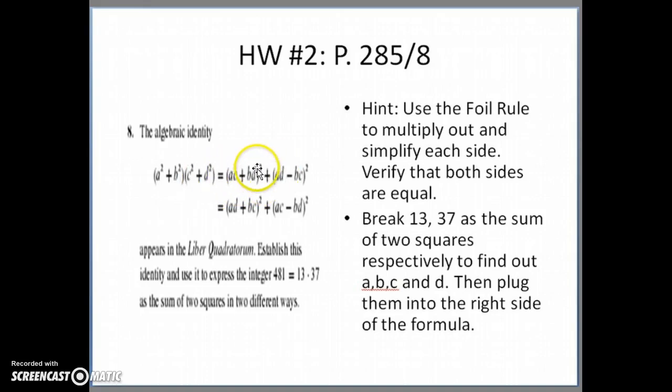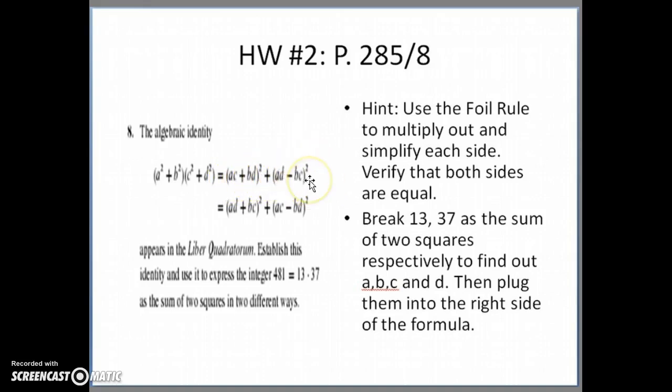Be careful when we do a square: we have to write it as (AC plus BD) times (AC plus BD), and then use FOIL. Or if you memorize the formula for a square, you can use it directly. That's the square of the first term, plus twice the first times the second, plus the square of the second term. But if you haven't, you can still use FOIL. Just remember to expand it as (AC plus BD) times itself.